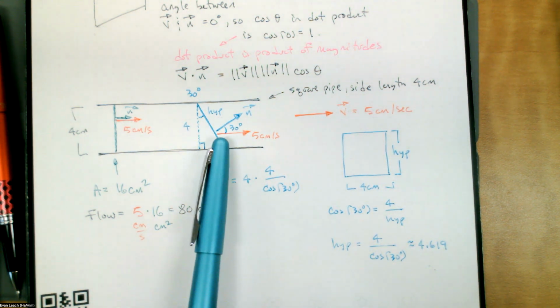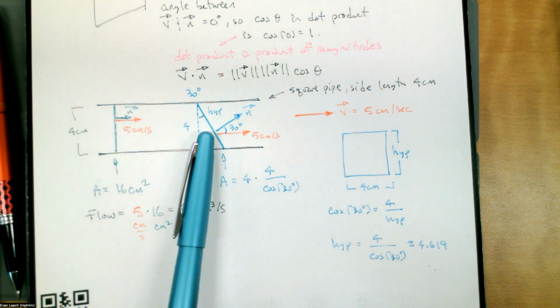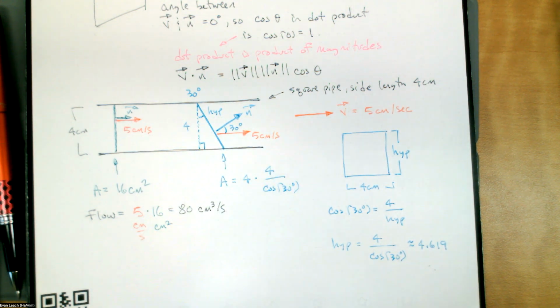But we want how much of the normal vector is going with the vector field. I need that component.